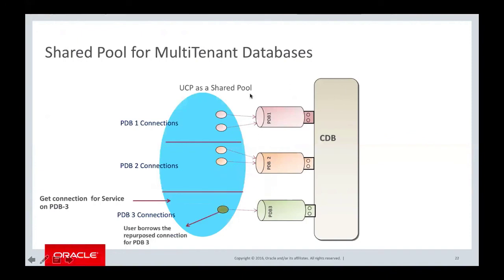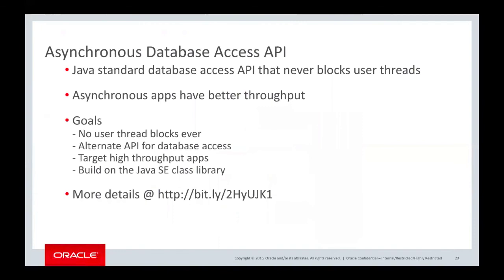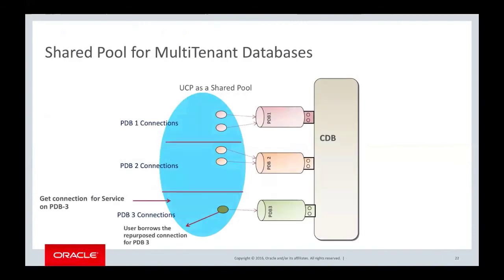You can do this by using a single data source with multiple services, or you can use one data source per service or per tenant. We document this in our literature.